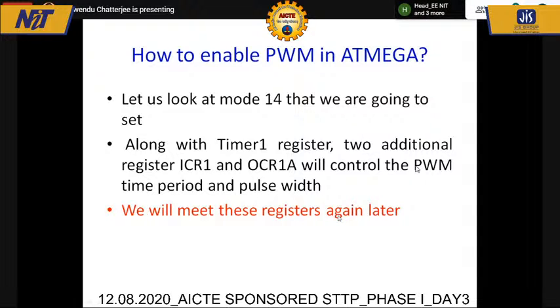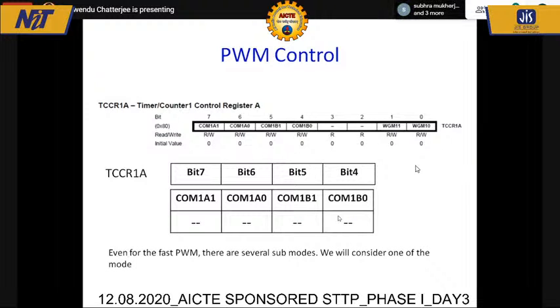But at this stage, what is more important is the control of the fast PWM. Even for this fast PWM, there are several sub modes. We will consider one of them, and these sub modes are selected by the bits of TCCR1A.